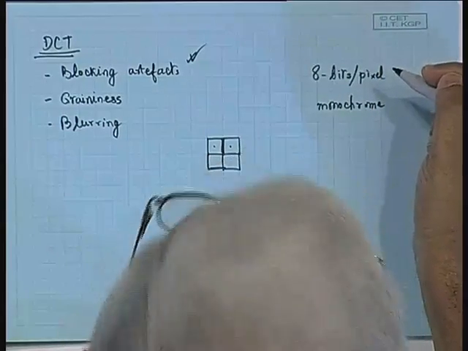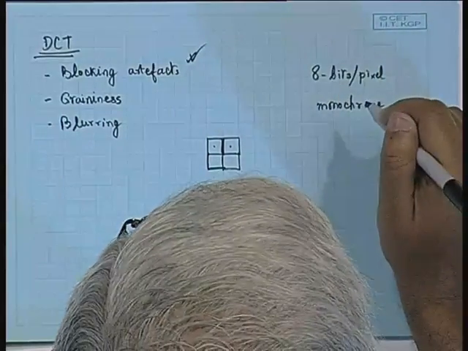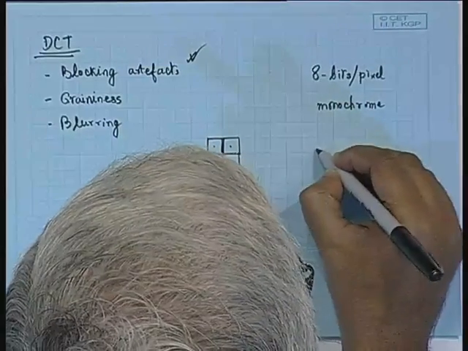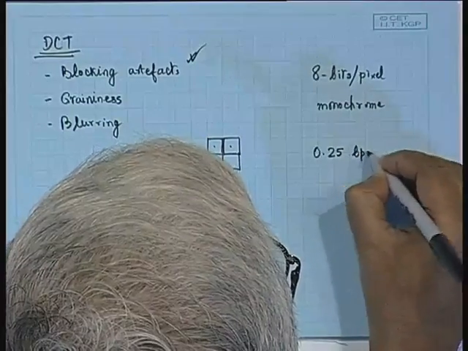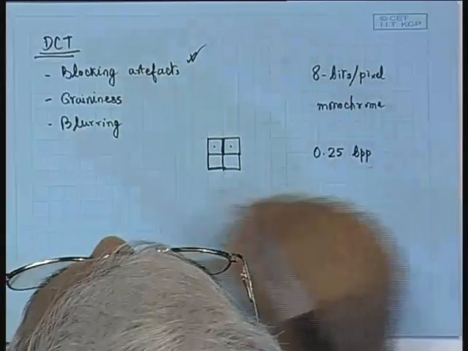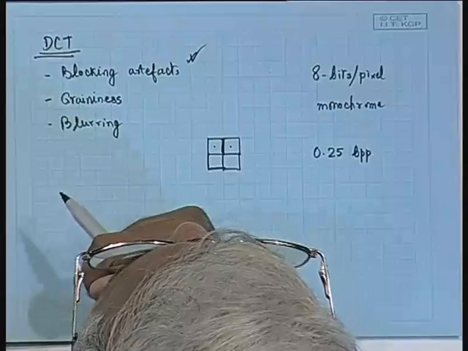It is generally found that up to 0.25 bits per pixel, which we write as BPP, you normally do not notice any serious degradation in the quality of the image.